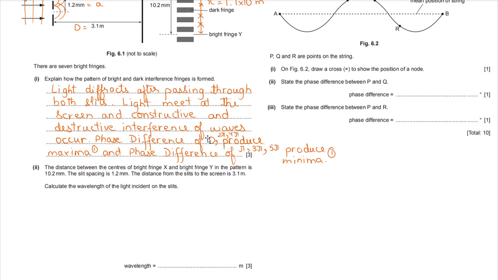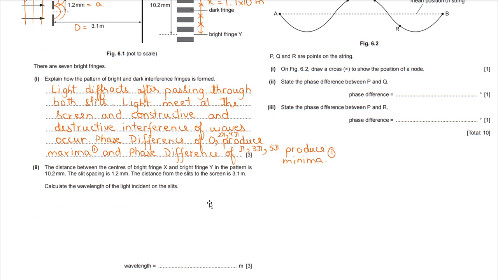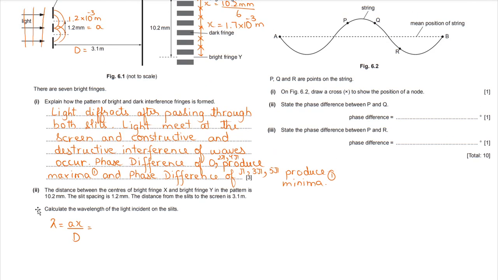So the distance between the centers of the bright fringes x and bright fringes y and the pattern is, all this information that was in the diagram above, he has explained in words. What is he asking us to calculate? We have to calculate the wavelength of the light. So we just have to use the formula lambda equals ax divided by capital D. So what was a? 1.2 times 10 to the power -3, and what is the value of x? x is 1.7 times 10 to the power -3.